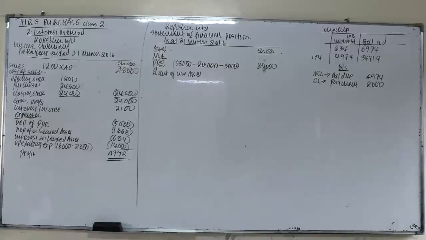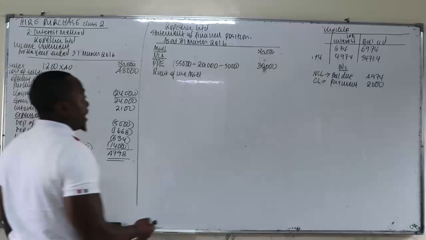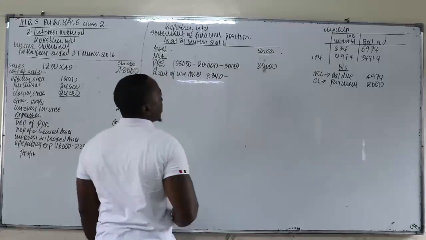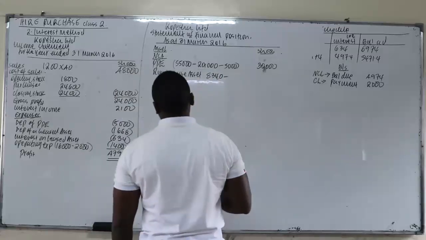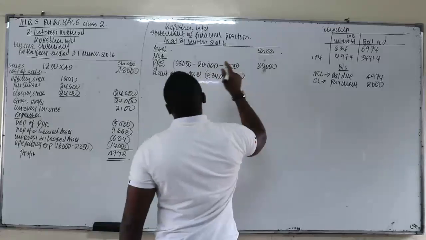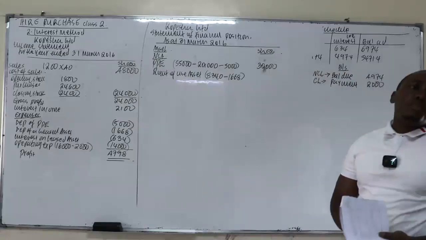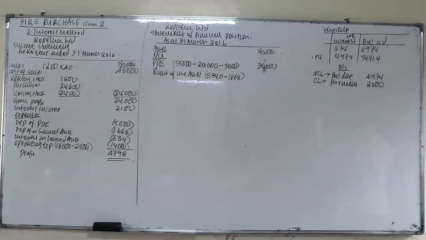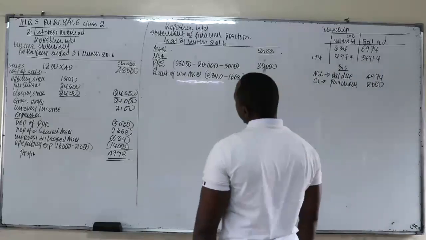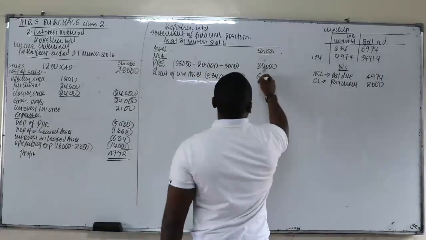How much was the right of use asset? 83.40. Then you raise depreciation. How much was the depreciation for the past year? 16. So how much would be the net book value of the right of use asset? 66.70.